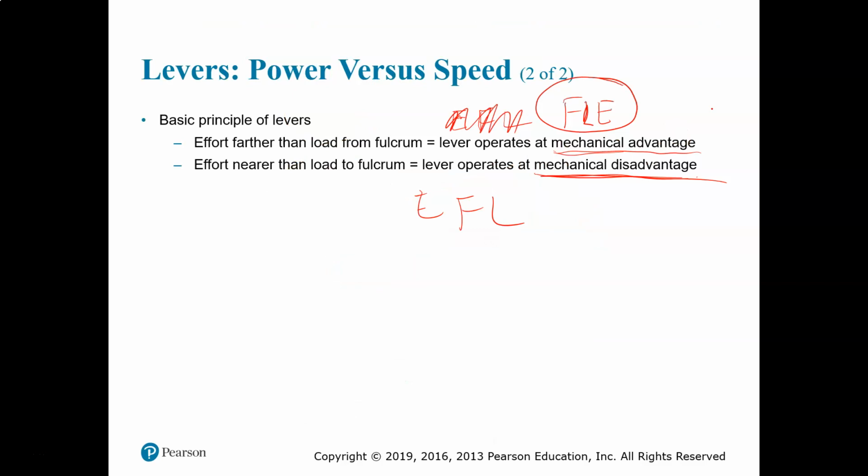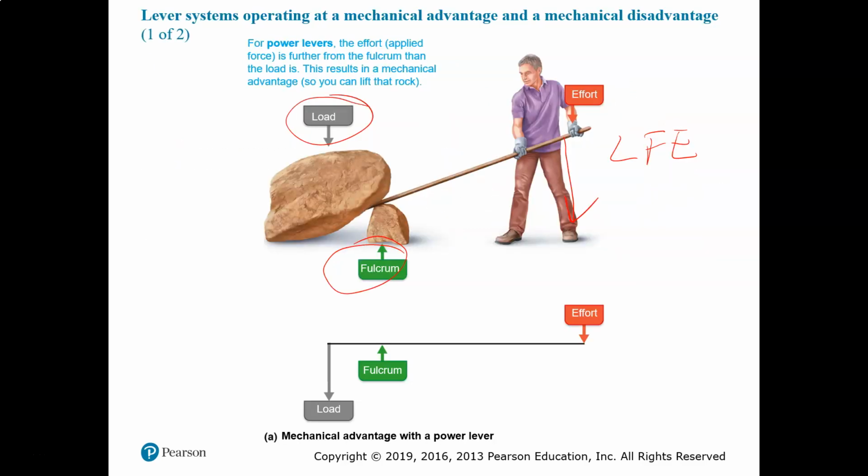If we go back, we haven't learned one like that yet. But this does give you mechanical advantage whenever the effort is further from the fulcrum than the load is. You see the distance from the fulcrum to the effort is this, and the distance from the fulcrum to the load is this. So you can tell that the distance from the fulcrum to the effort is greater than from the fulcrum to the load.